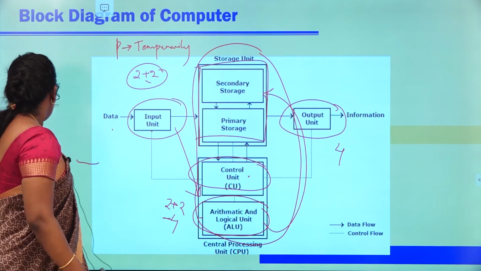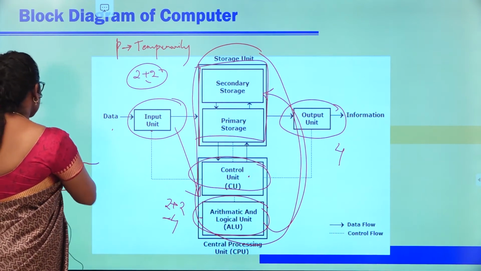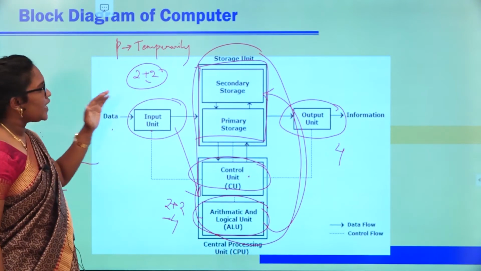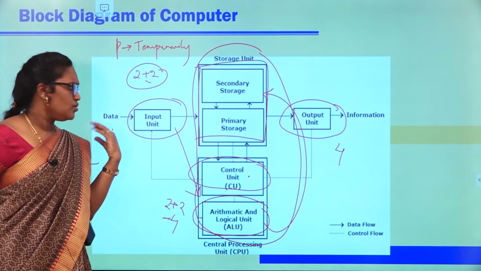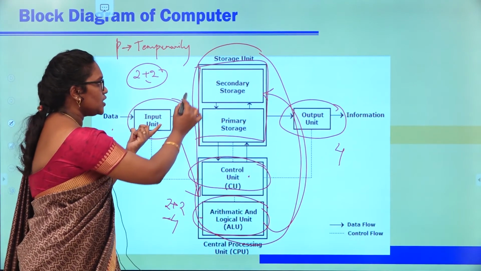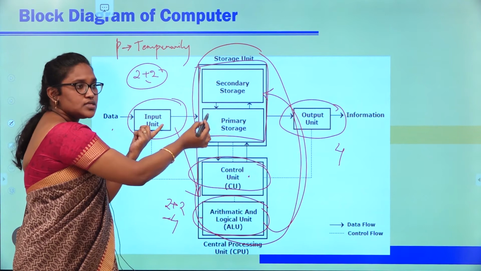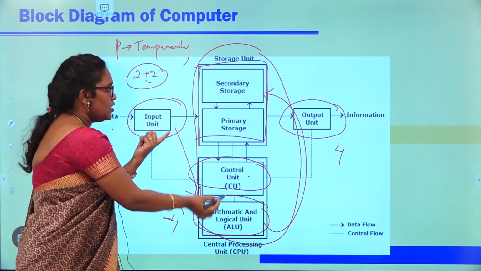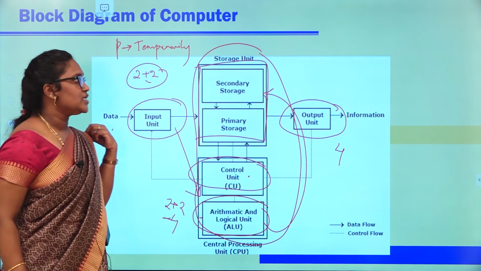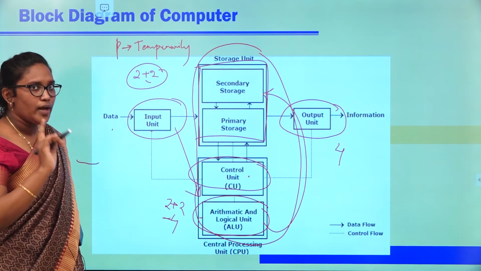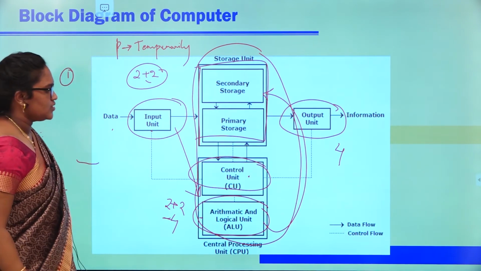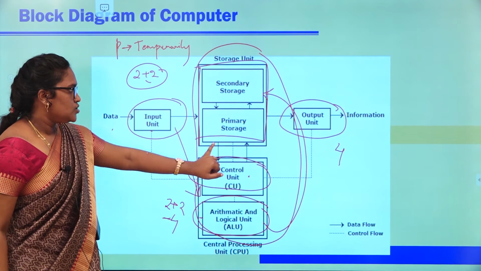So if you try to understand the block diagram of a computer, first one is input. The input is given to the CPU. The CPU consists of 3 parts: storage unit, control unit, arithmetic logical unit. So we will see one by one. First one is storage unit.